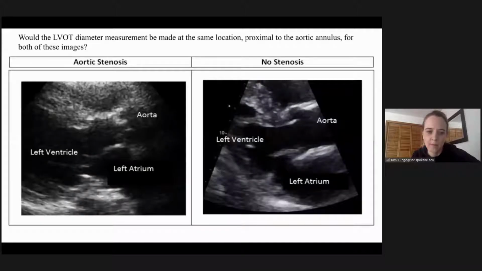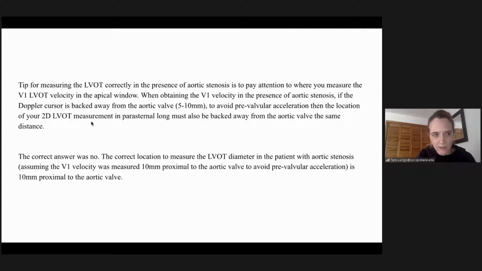And then here's what we were talking about earlier. Would the LV outflow tract diameter measurement be made at the same location proximal to the aortic annulus for both these images? And the answer is no, because the left one that we're looking at is stenotic, and you can tell it's not opening super nice right there. And so this is where there's that question, I think, of the 10 millimeters, because it will tell you right here, measuring it in the right spot.